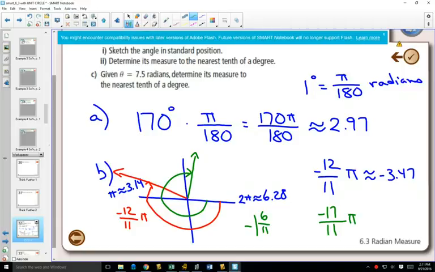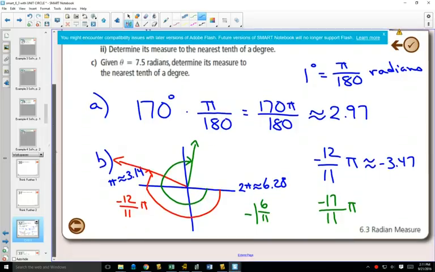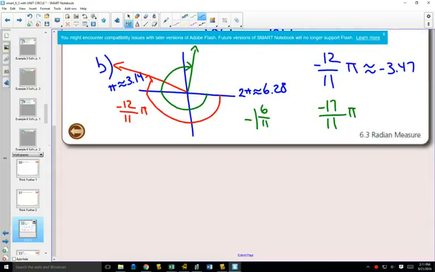Now, if we wanted to change that to the nearest tenth of a degree, using what we had before, we know that 1 radian is equal to 180 over pi degrees.